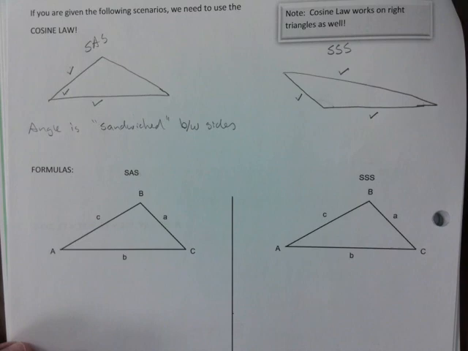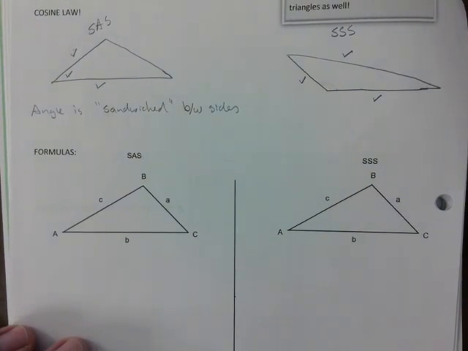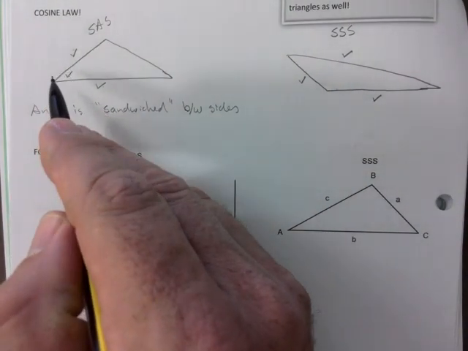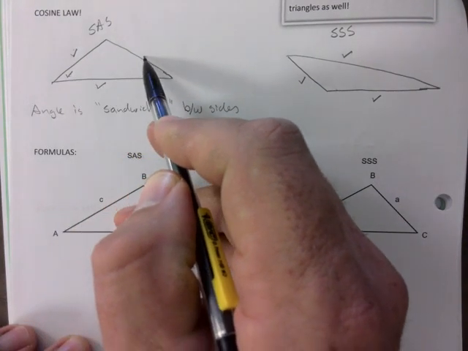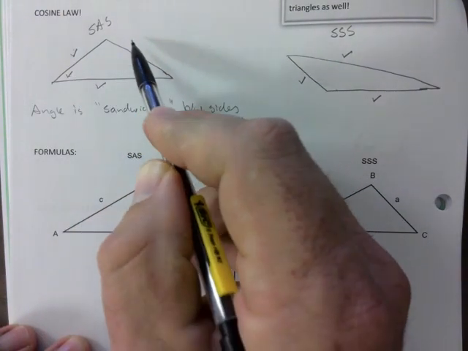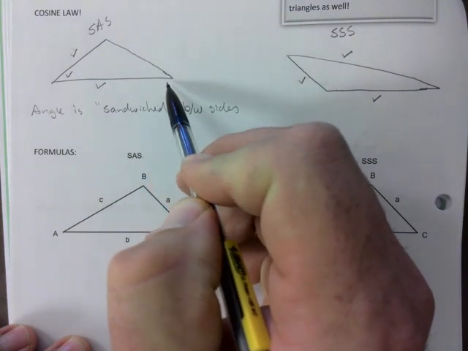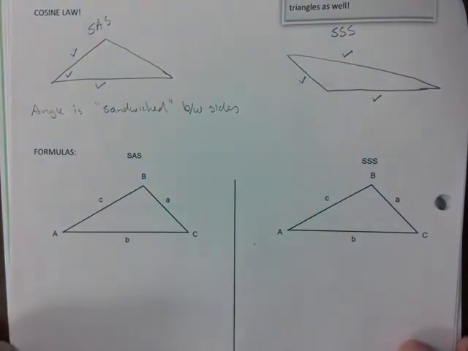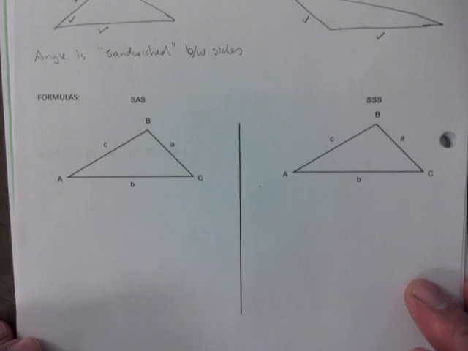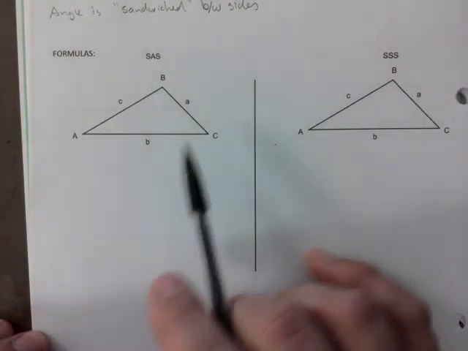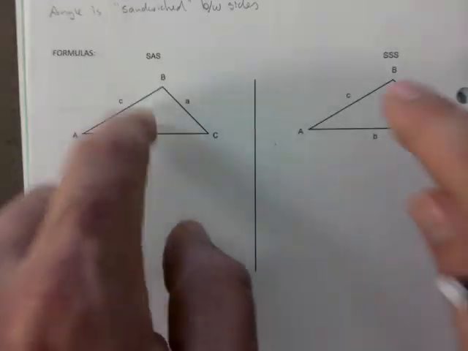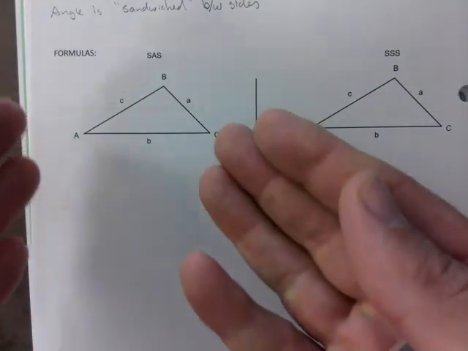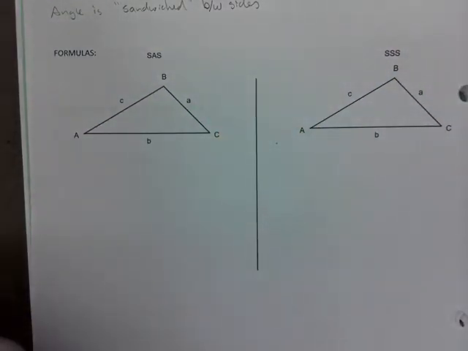So let's do SAS first. When you have side, angle, side, the only option you have is to solve for the one side across from the only angle that's given to you. So I'm going to use this triangle here. Notice they're exactly the same, but in this case I'm going to use a red pen.